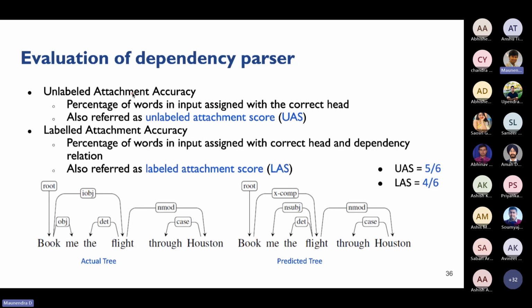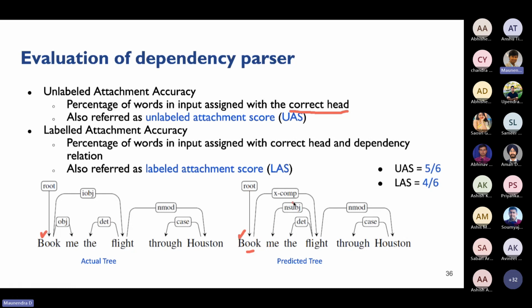So let us look at unlabeled attachment accuracy. It says percentage of words in input that are assigned with the correct head. Okay, so for this predicted tree, for the word book, there is no head. I mean, the head is null. So for book, it is matching with the ground truth.